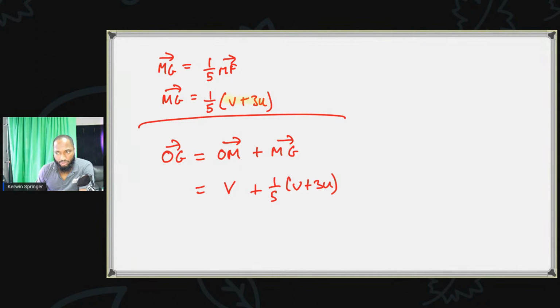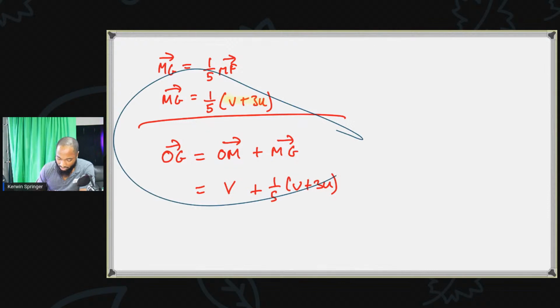Yeah? So now we just need to do a little swiggle daggle and see what is going on here. Hopefully good things happen. So when I get this V and 1/5 V, let me expand it out and show you.